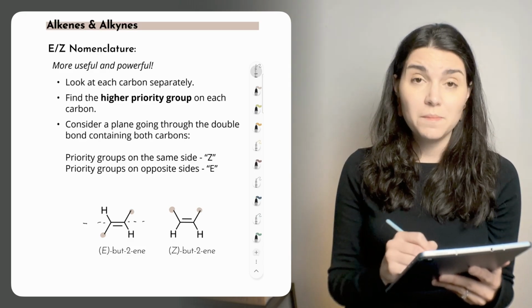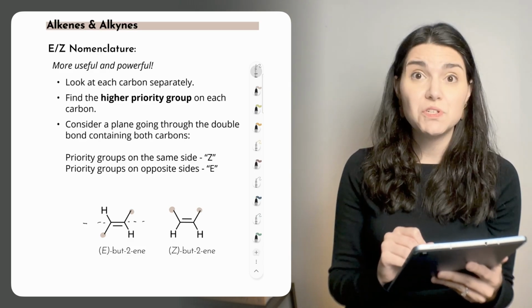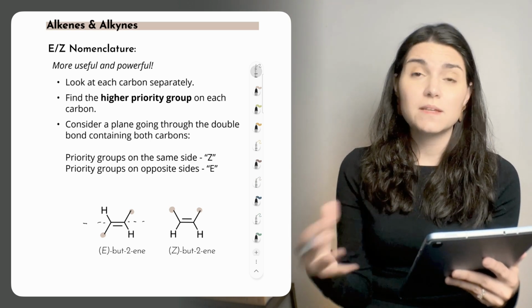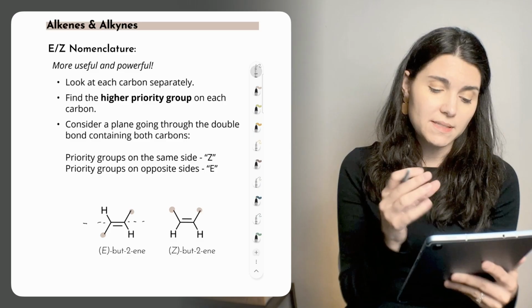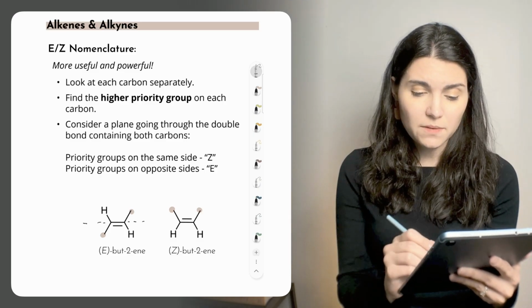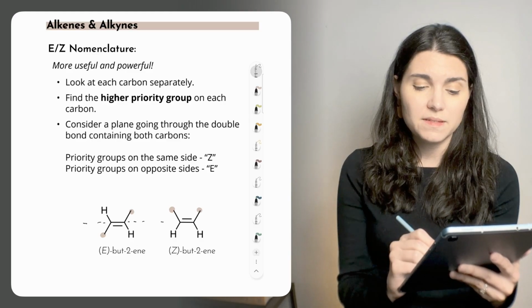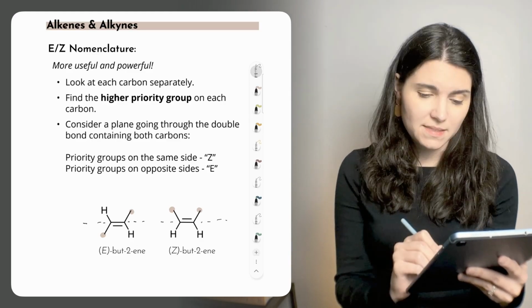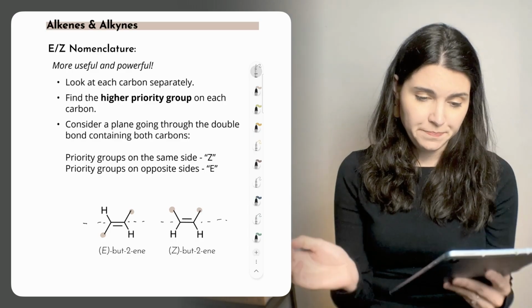So we're going to call them E, (E)-but-2-ene. And in this case, the E and the Z notation that is placed before the name of the molecule is in parentheses. And then here on the right side, we have the priority groups on the same side of that plane. And so that is called Z, (Z)-but-2-ene.